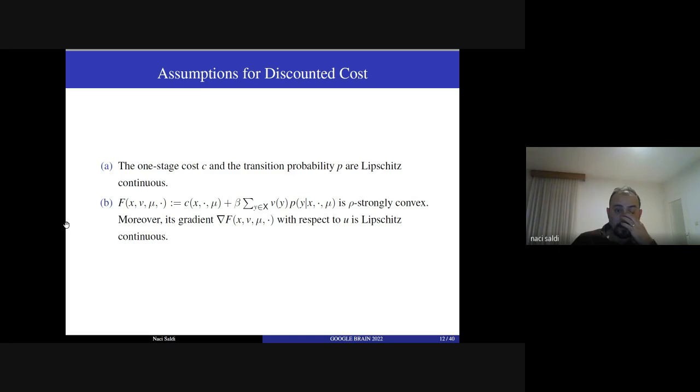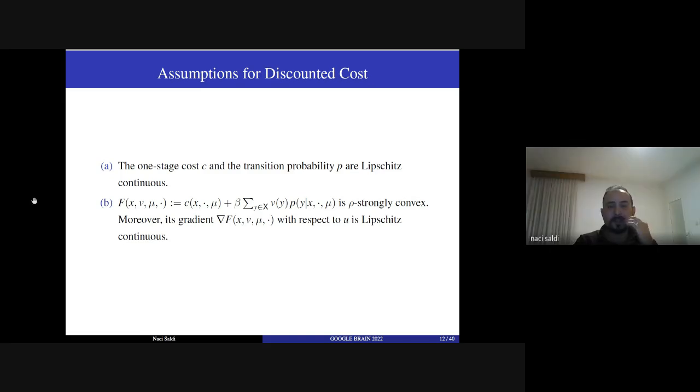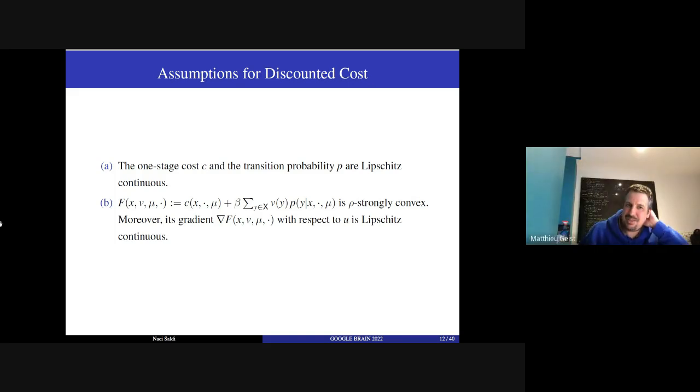I don't know for the static case, so I have to think about it. I'm not sure if we can do this under these assumptions. Okay, thanks.